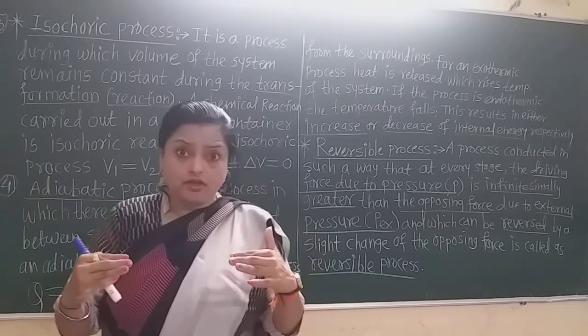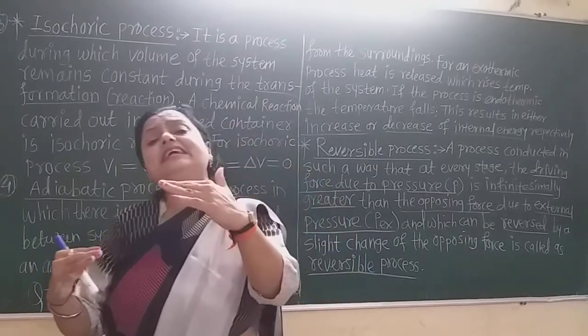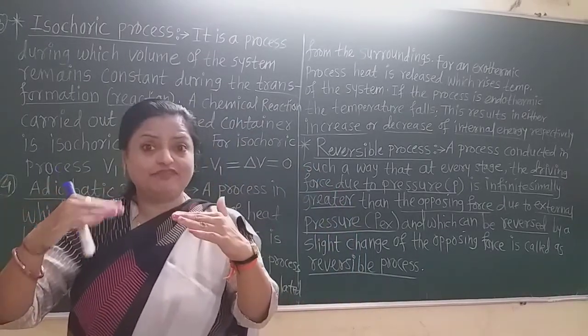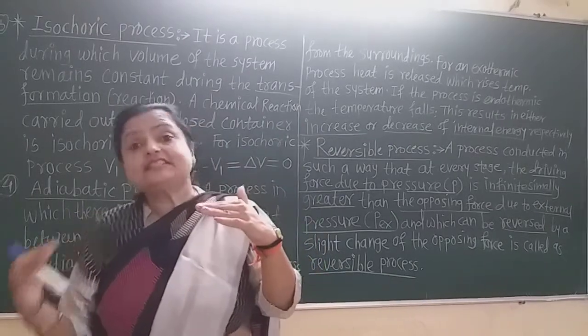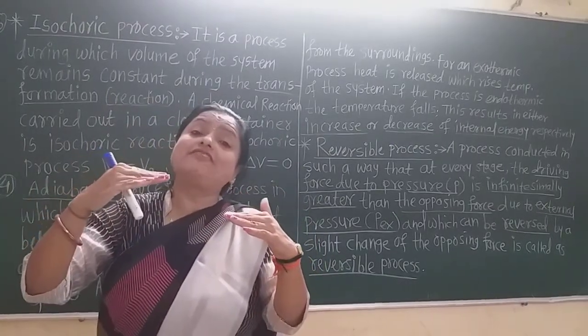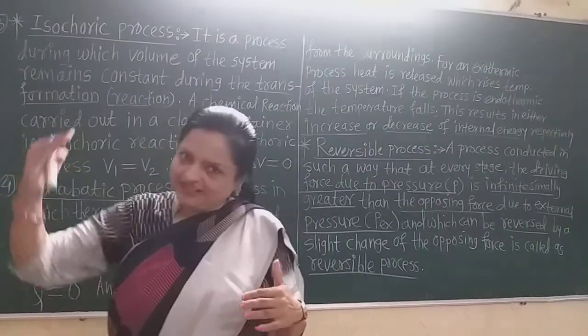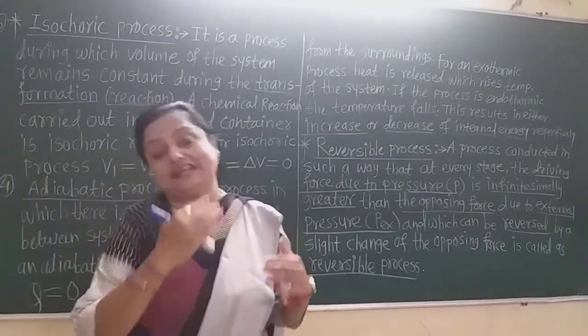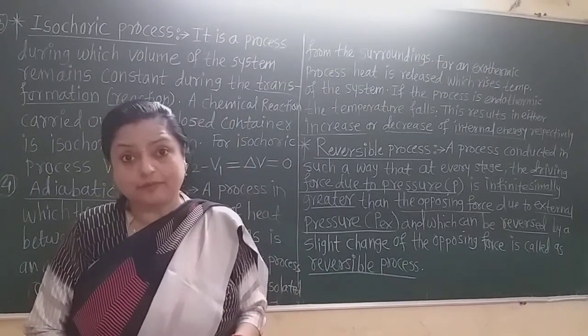If the driving force is infinitesimally greater than the opposing force, very slightly greater. But if we increase the opposing force over the driving force, what happens? The reaction reverses. The reaction is carried out from product to reactant. Such a reaction is called a reversible reaction.